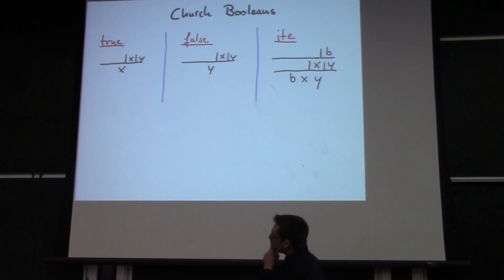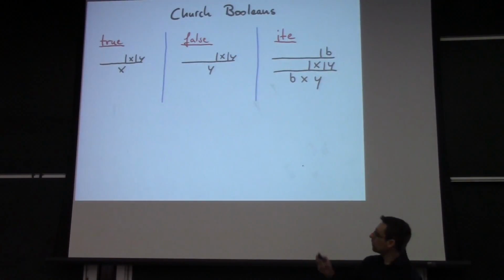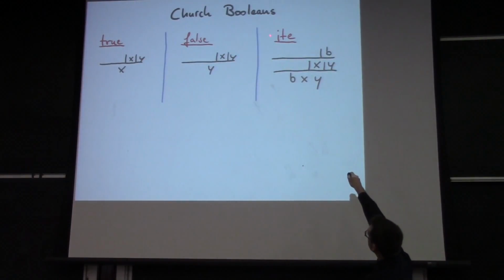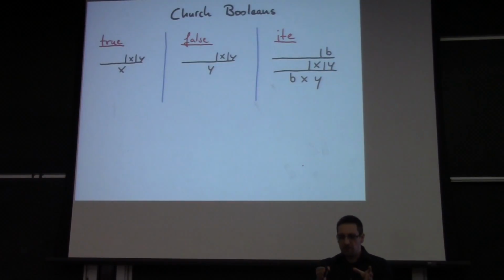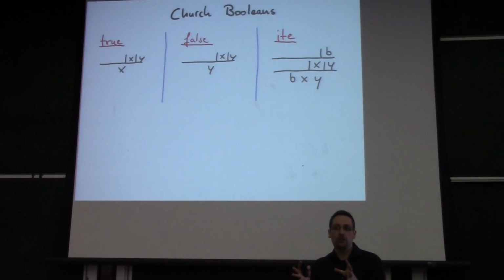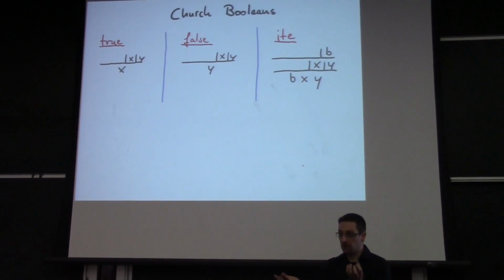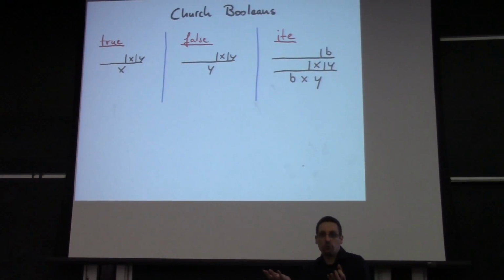What we want to do is represent this if-then-else thing. If-then-else takes what we call a Boolean, which is a type that can only take two values. Either it's true or it's false.